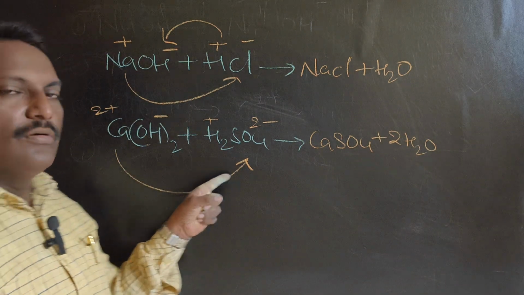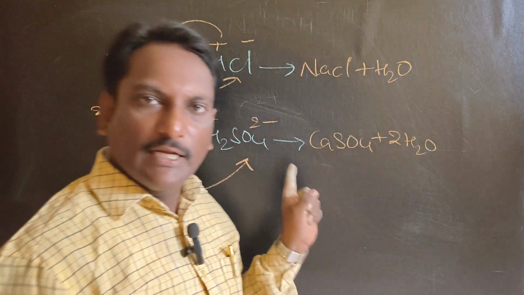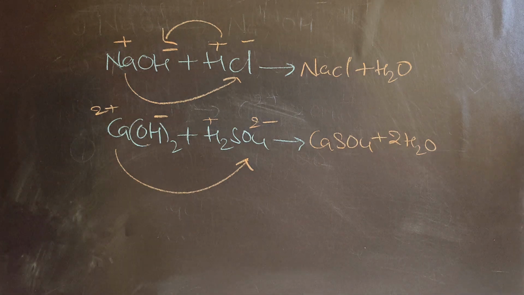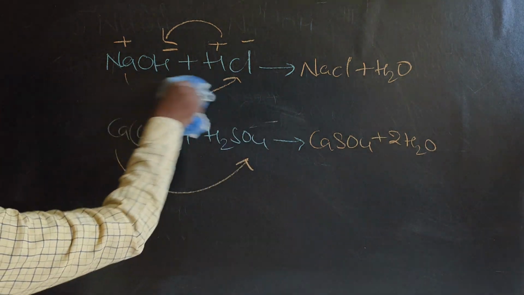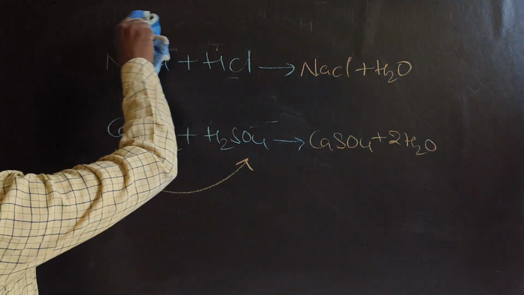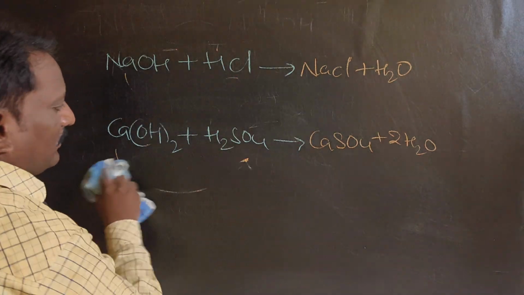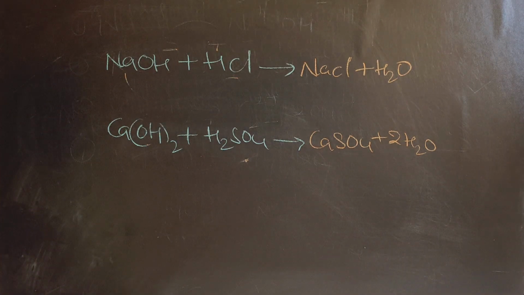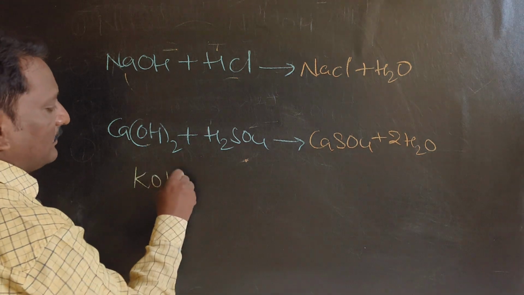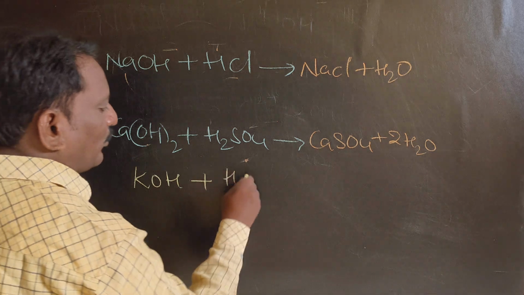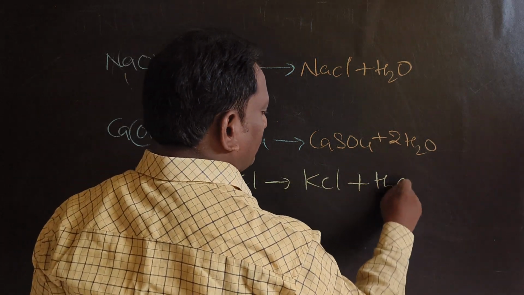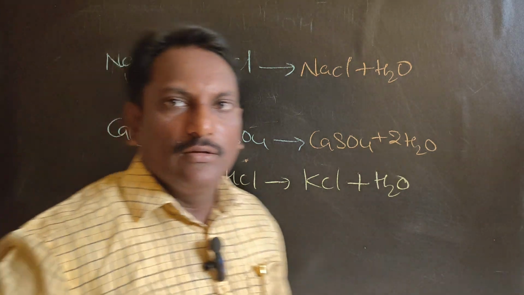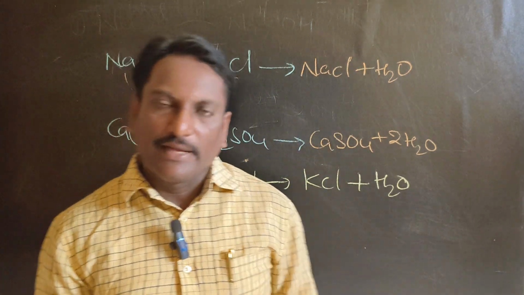This one is also a neutralization reaction and double displacement reaction. Please copy this. Next example, potassium hydroxide reacts with hydrochloric acid, and you will get potassium chloride along with water. So these are the neutralization reactions.